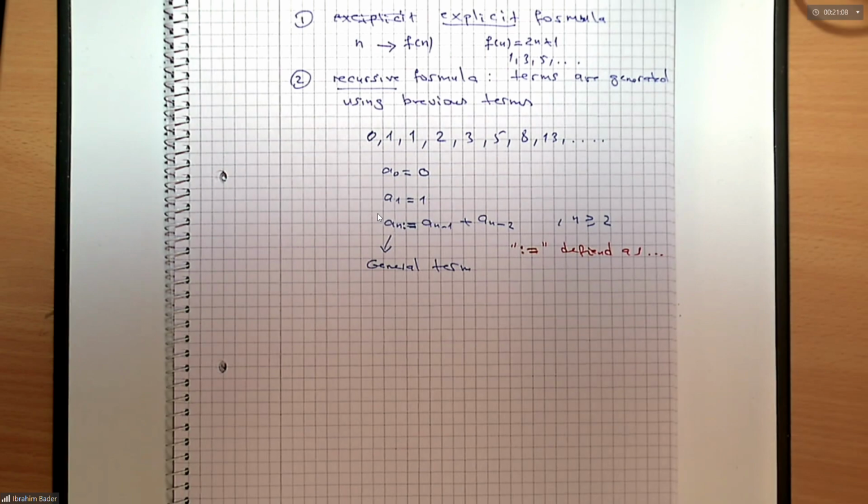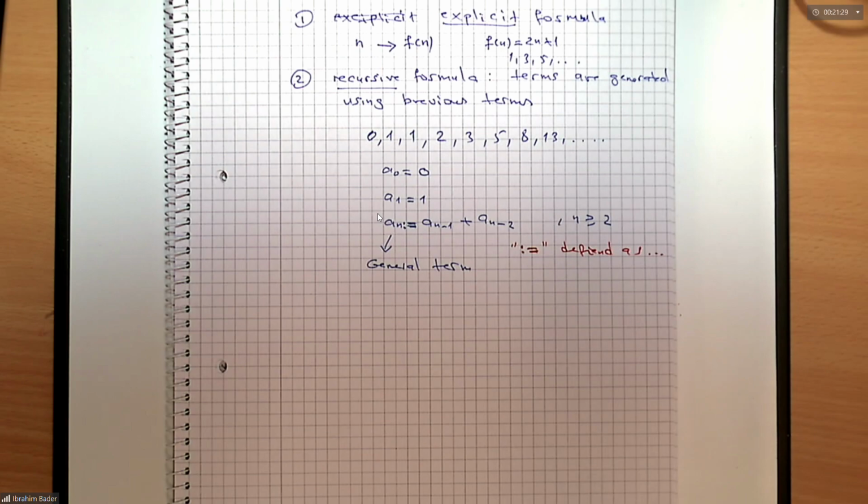This is the explicit form. It's just like a function, but the difference is that our domain is positive or 0, the non-negative integers. So it's not a function from R to R. It's a function from N together with 0 to R.